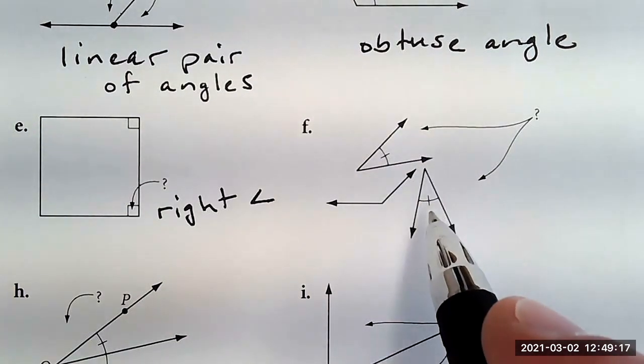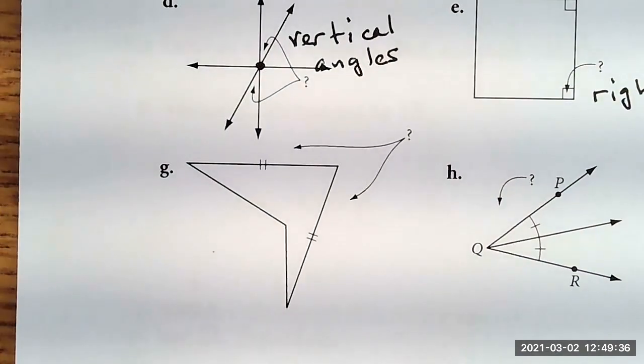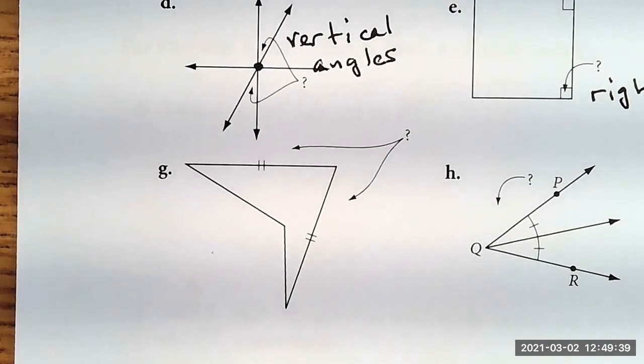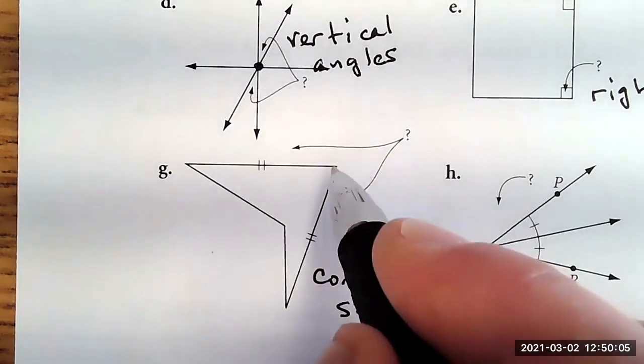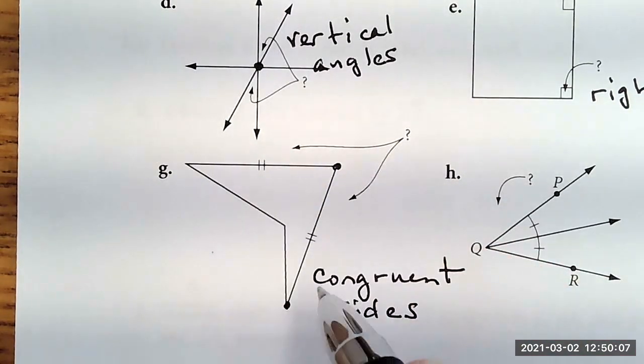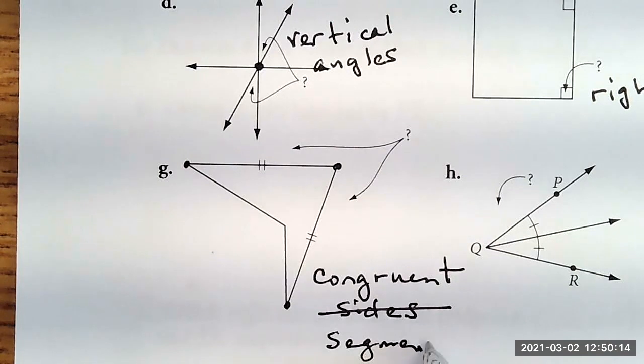The answer for F is congruent angles. For G, the arrows point to congruent sides. Okay, but these are segments. And so more precisely, we have congruent segments.